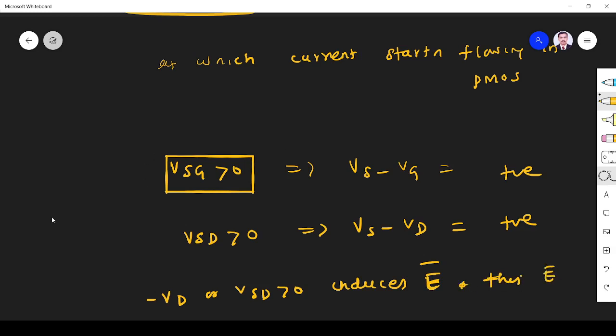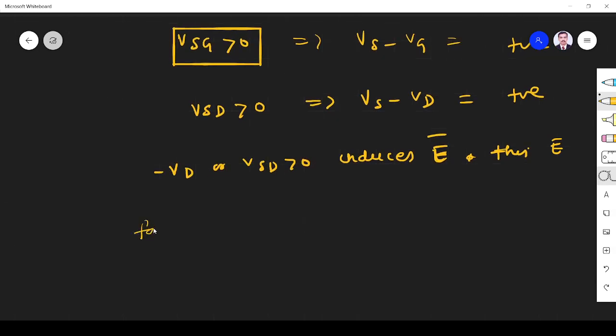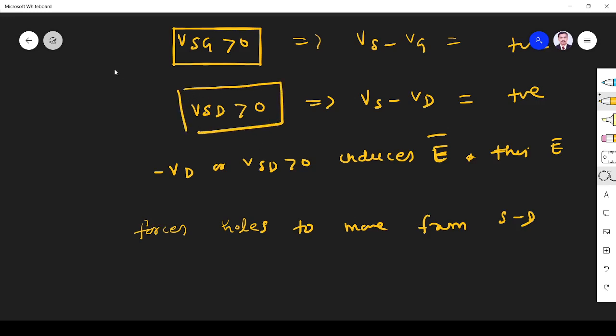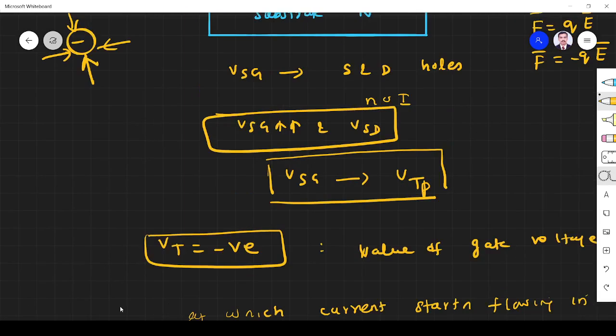This electric field forces holes to move from source to drain. Right, so that is a point. Because of that we want VSG greater than 0 and VSD greater than 0. This indicates VG is negative and VD is also negative. So these points you must remember whenever you work with the PMOS transistor in enhancement mode.